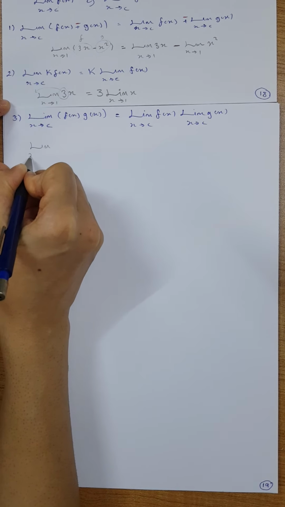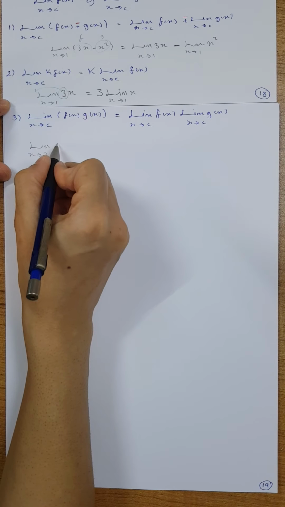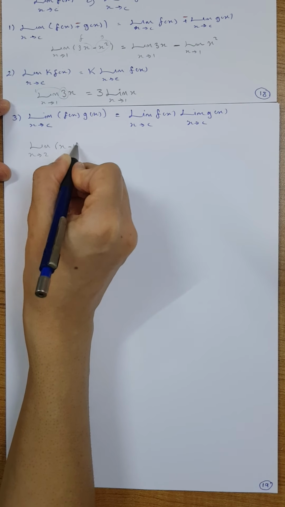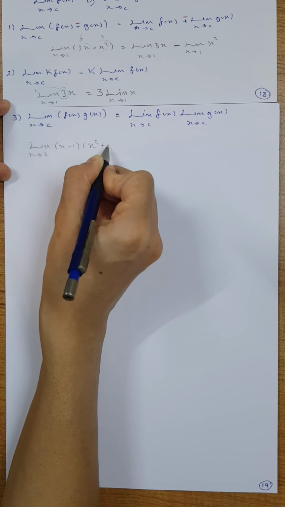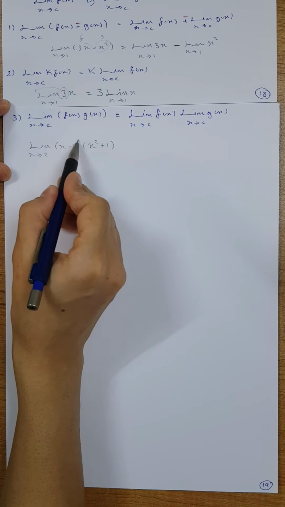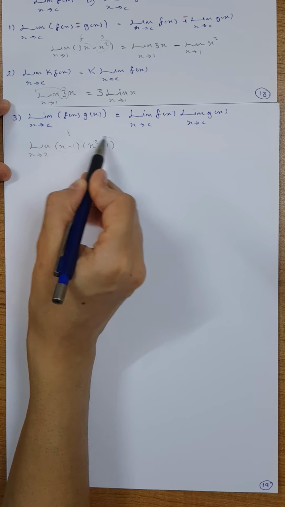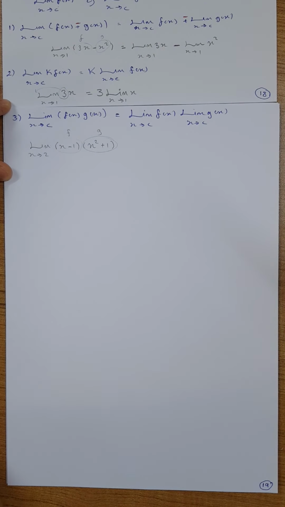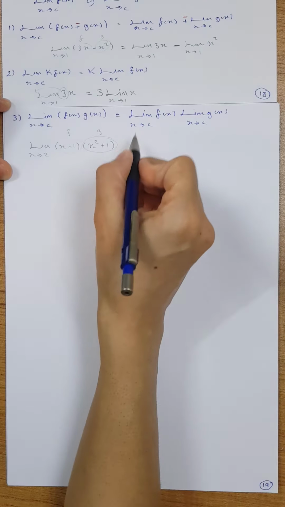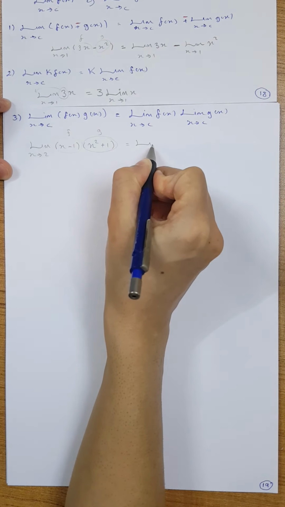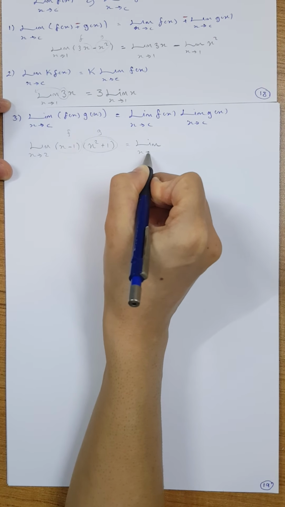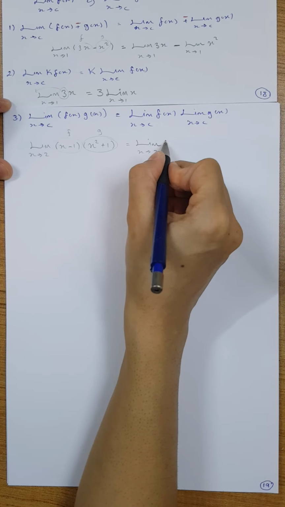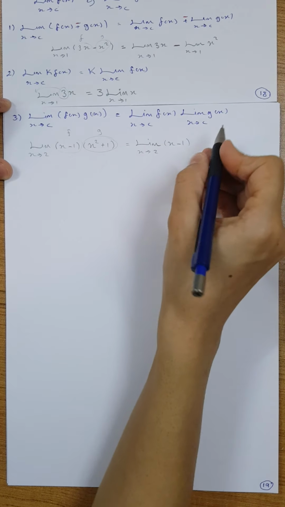Okay, let's give an example. If x is approaching 2, for example, (x minus 1) multiplied by (x squared plus 1). If you consider this one as f and this one as g, you can separate them easily. Of course, finding that limit by separating them may be much easier than solving it together.